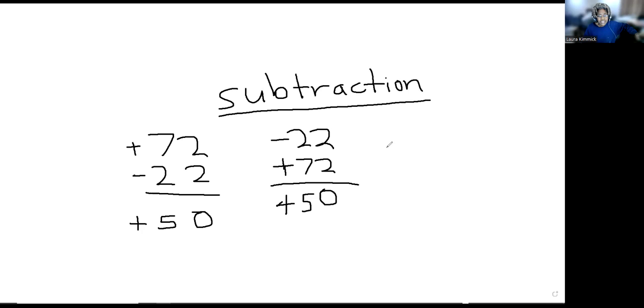All right. So we can do negative 22 minus negative 72. It'd be negative 94. So subtraction is not very consistent.